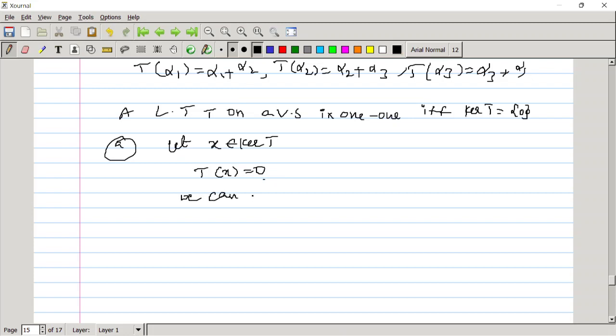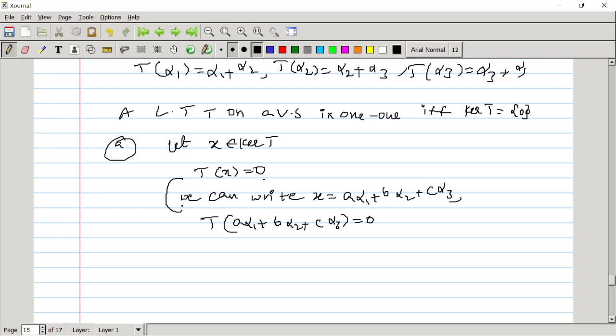We can write x equal to a alpha 1 plus b alpha 2 plus c alpha 3, because alpha 1, alpha 2, alpha 3 is a basis. So from this we can say T of a alpha 1 plus b alpha 2 plus c alpha 3 equal to 0.